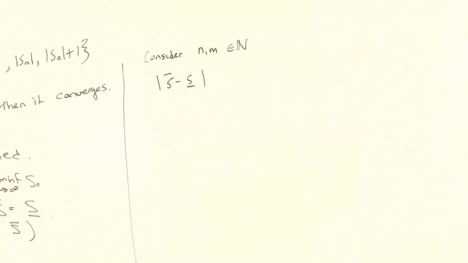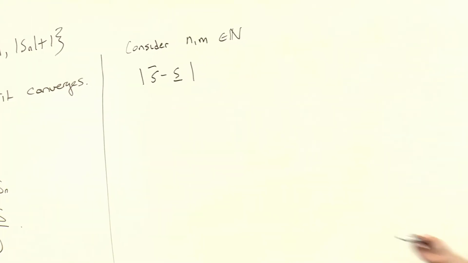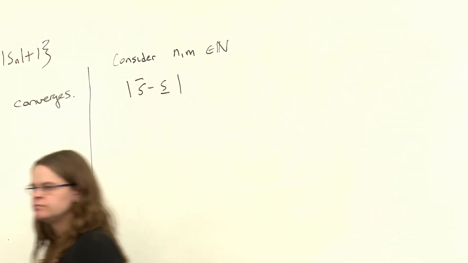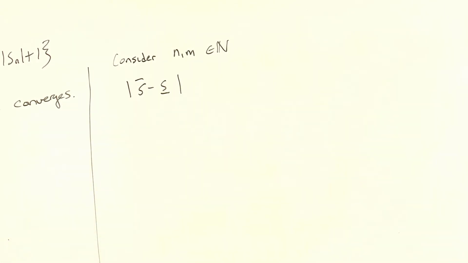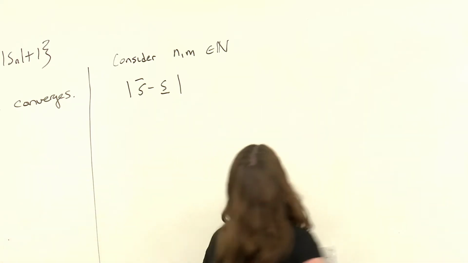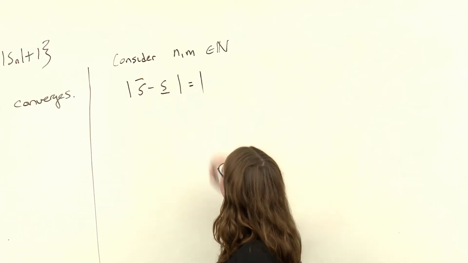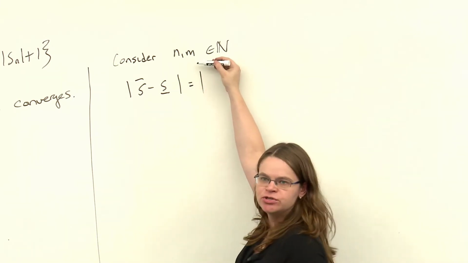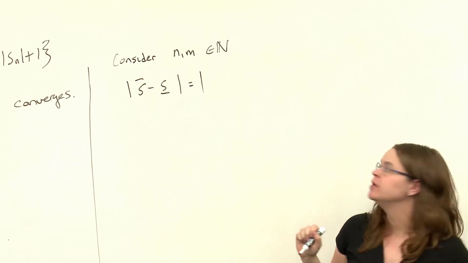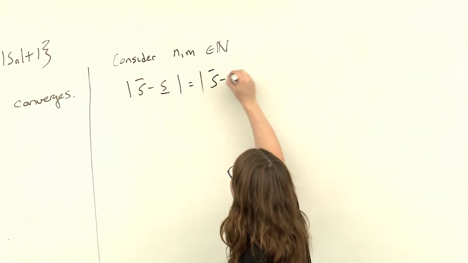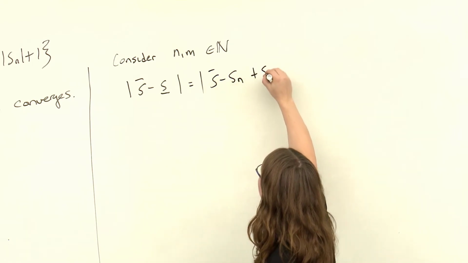If I can show that difference is equal to 0, then I'm in business. Then these two numbers are the same. But I need to rearrange this a little bit. I need to put this in terms of my sequence, in terms of things that I have some ability to actually put bounds on. So as our hint, we know that Sn and Sm should be showing up in there. So let's just start inserting them in here. I'd love to have an Sn show up in here. That means I'd better add it back.